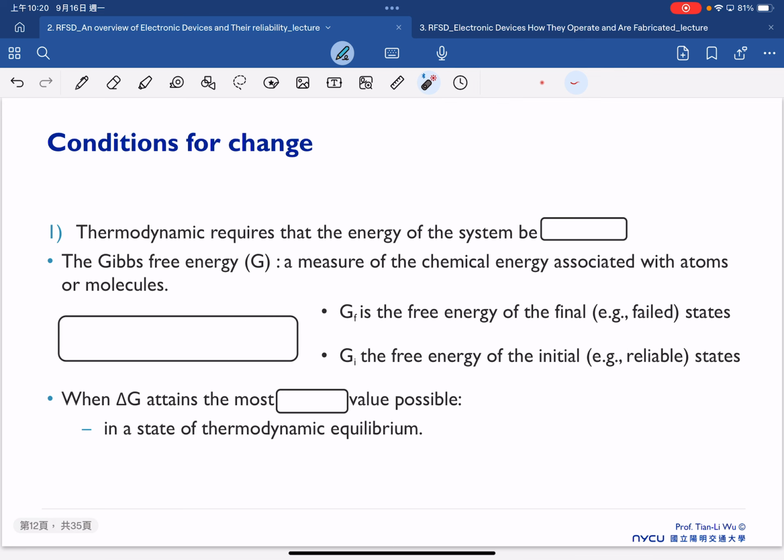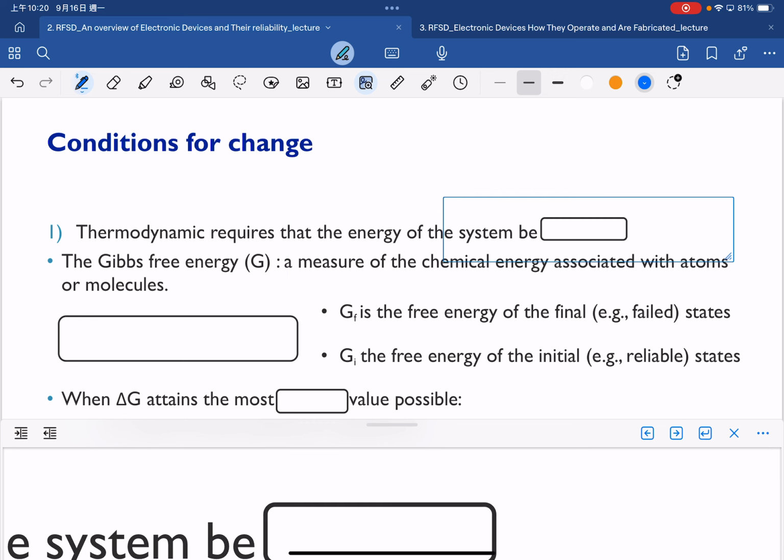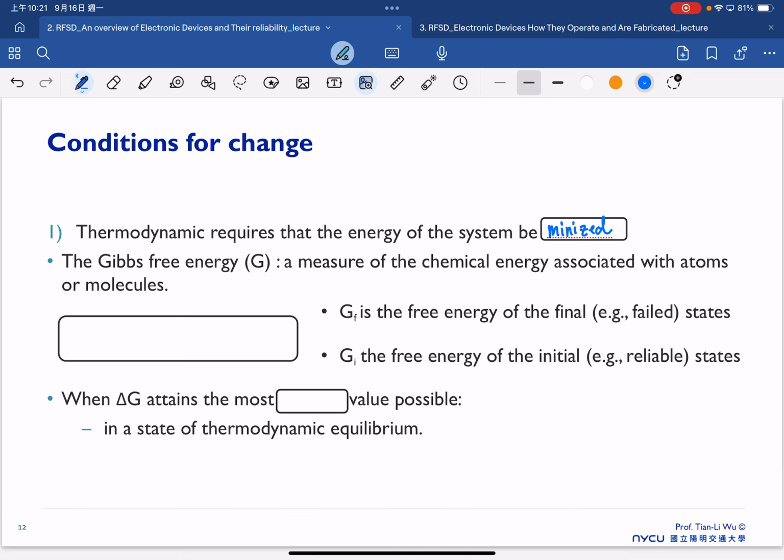When we talk about thermodynamics, it requires the energy of the system to be minimized.